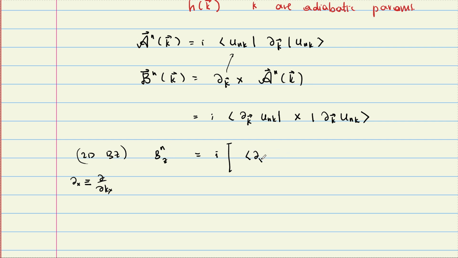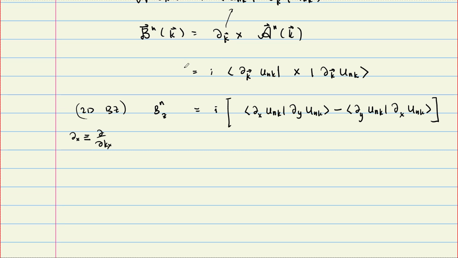Then this is going to be del_x u_nk del_y u_nk minus exactly the same thing with x and y replaced. So that's the Berry curvature of the Bloch band in 2D, and that's the Berry connection.